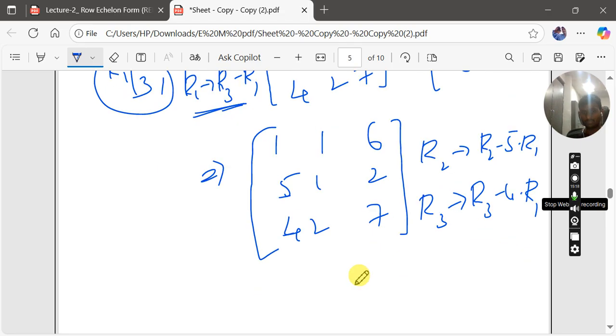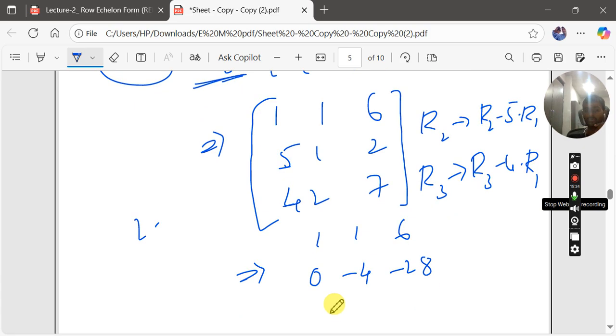So then how will it become? 1 1 6 will be the same, and coming to here, 5 minus 5 is 0, 1 minus 5 is minus 4, and then again here 30 will be there, 2 minus 30 is nothing but minus 28. And again here, when you multiply 4 with R1, 4 minus 4 is 0, 2 minus 4 is minus 2, 24, 7 minus 24 is nothing but minus 17.